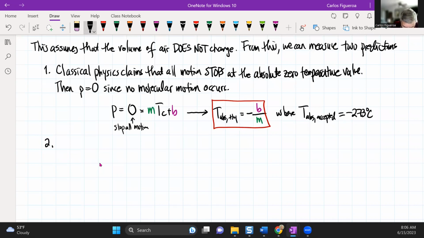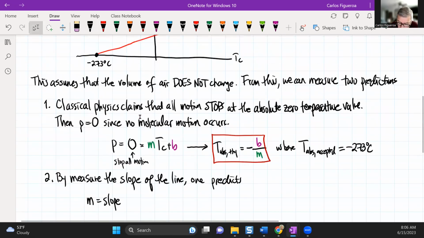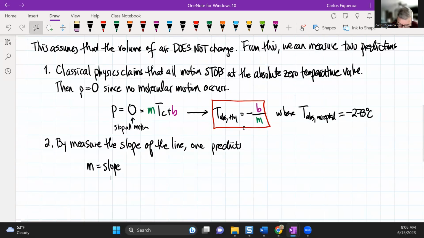The second thing that we do here is that by measuring the slope of the line, one predicts that if I look at the slope here, and I go back up to here where we've defined it right here, you could see that the slope here is equal to NV times R theory.